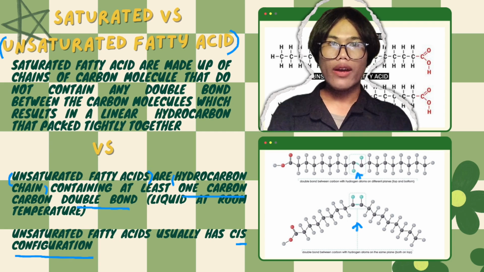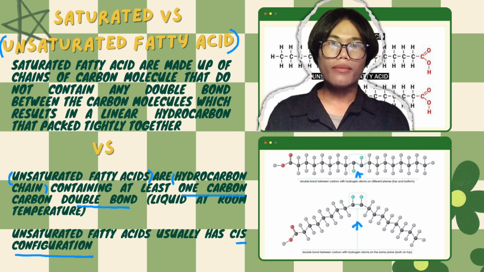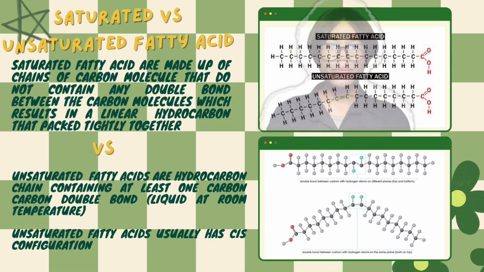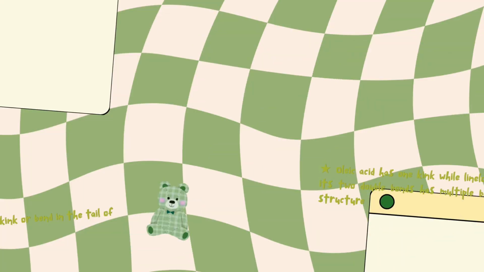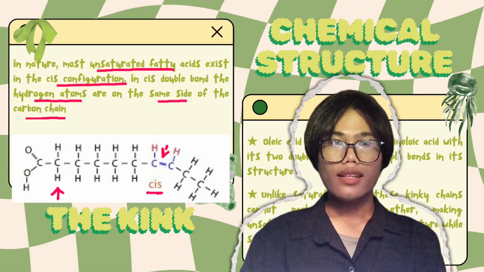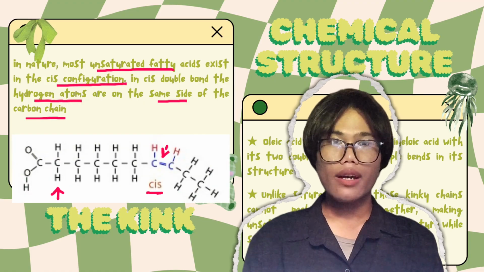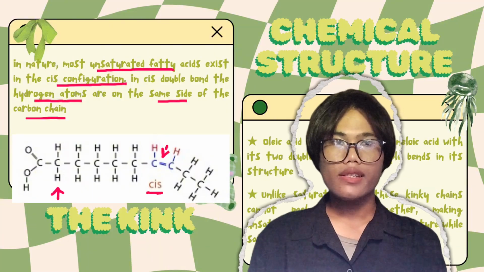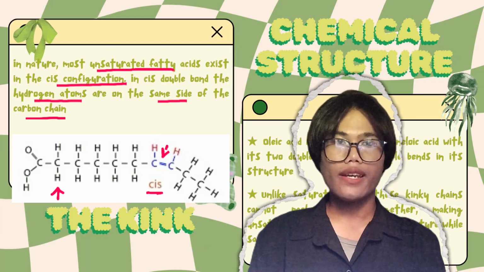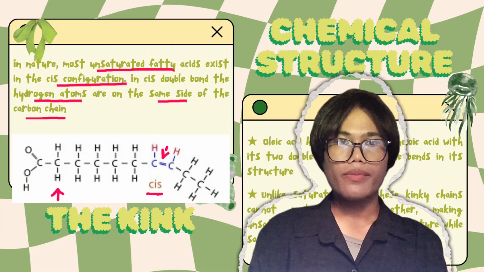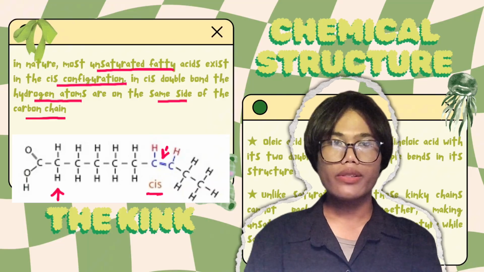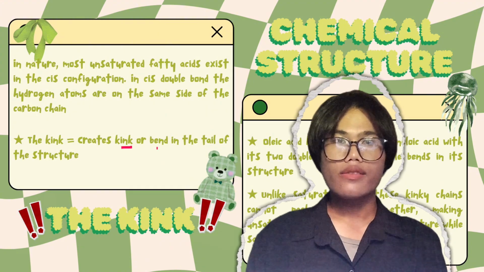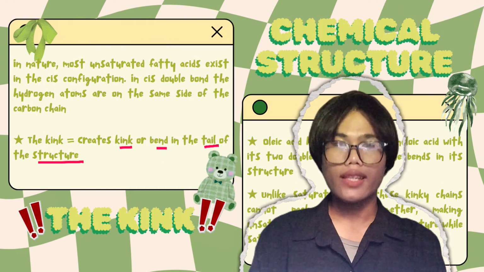Unsaturated fatty acids, however, change the entire game by introducing at least one carbon-to-carbon double bond. In nature, these double bonds almost always adopt a cis configuration, where the hydrogen atoms sit on the exact same side of the chain. This atomic arrangement creates a powerful physical repulsion that forces the carbon backbone to bend, creating a structural distortion we call a kink.